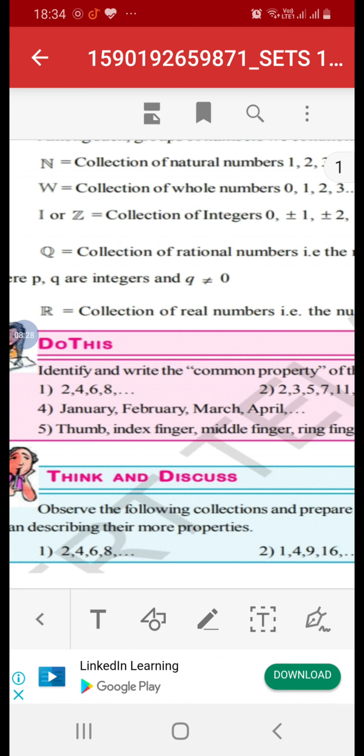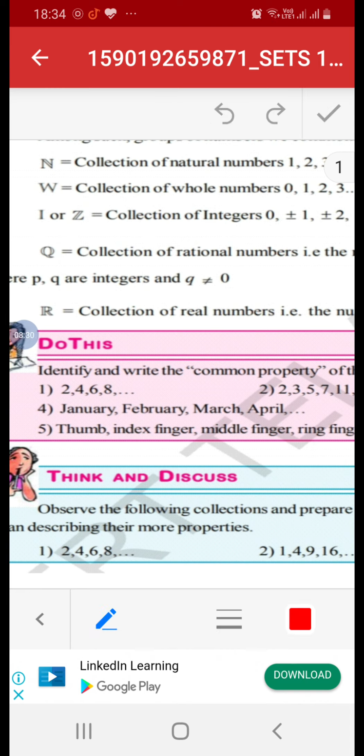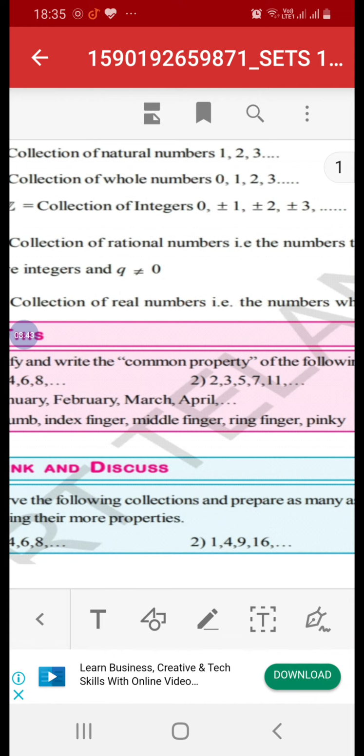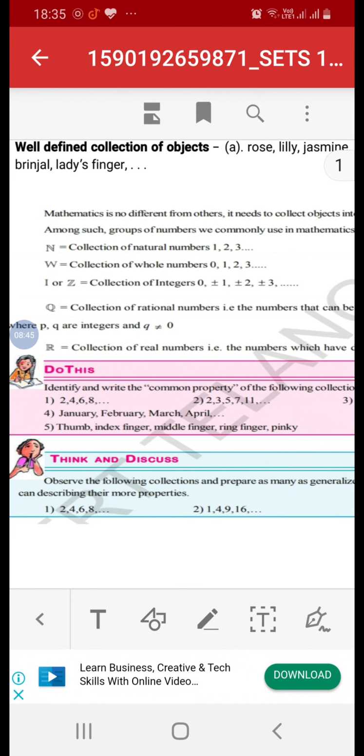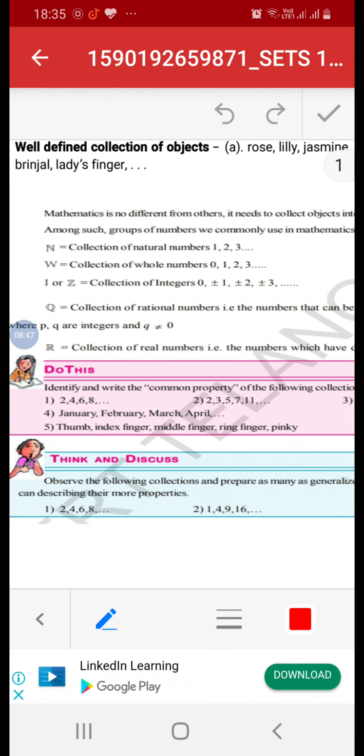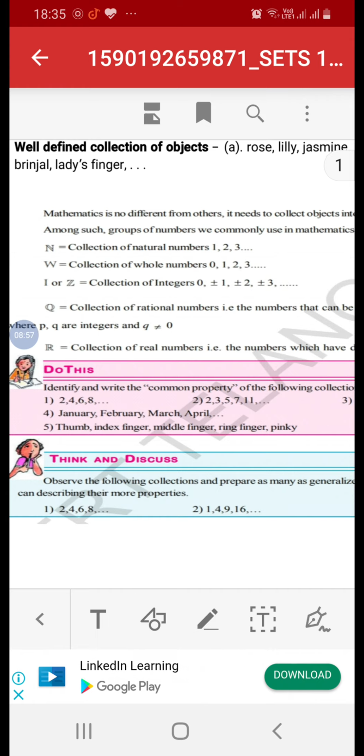Next, let us go to the last and final one: thumb, index finger, middle finger, ring finger and the last one is pinky. If you look at all this, then we can say that they are the fingers of the hand. Yes or no? Right? Now let us go to the next one.